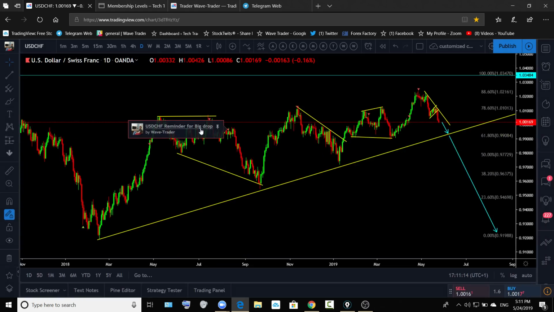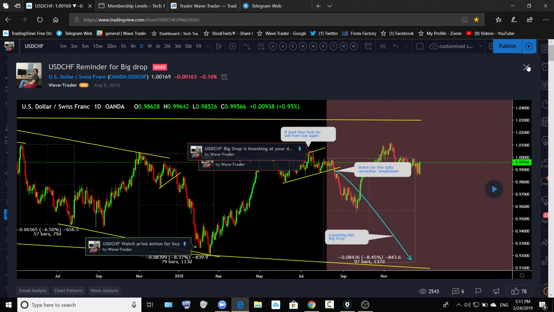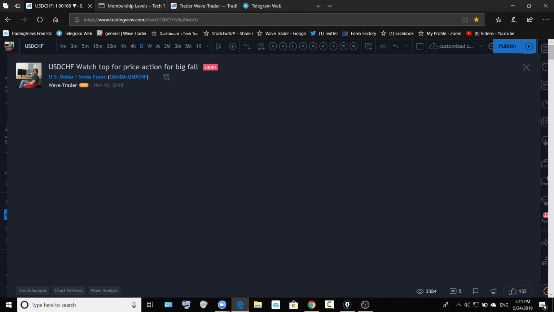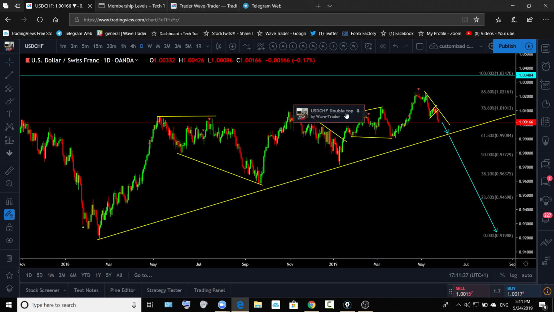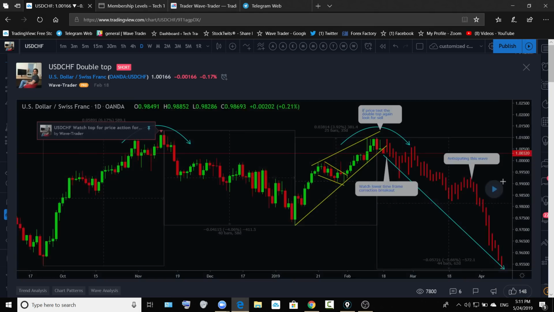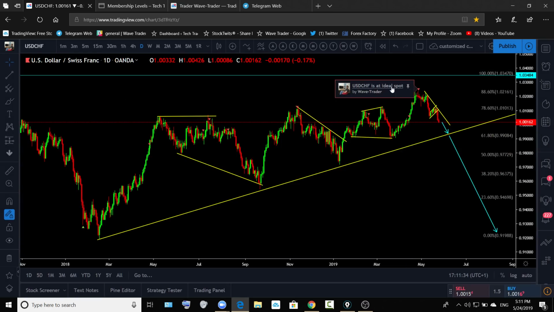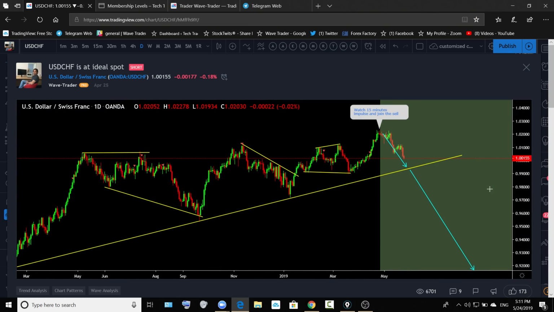Last time we were expecting it to go lower from that area, that top. It went lower but did not continue the trend. We will keep repeating that as long as price keeps forming new highs or keeps testing that top. On the bigger picture, we are expecting it to go in that direction, to 92.